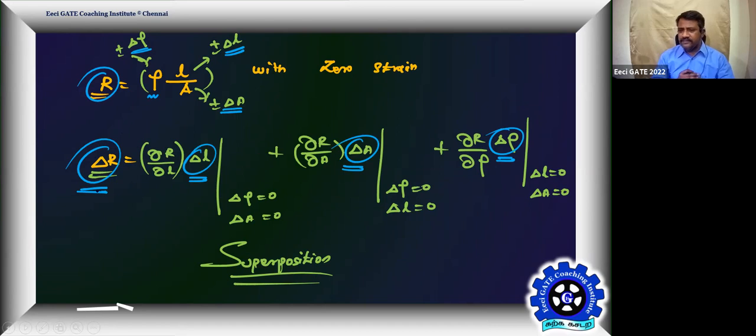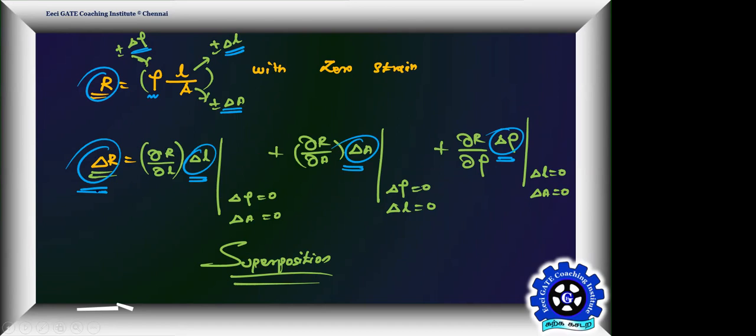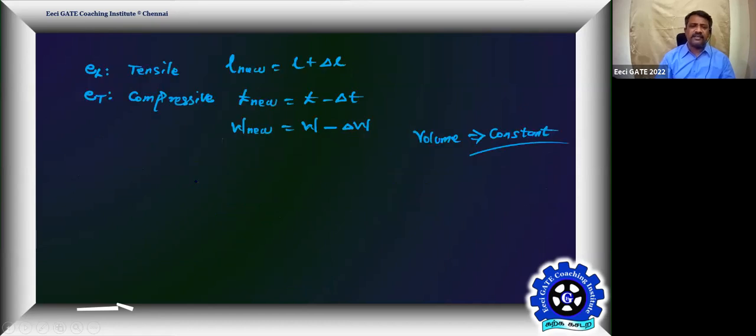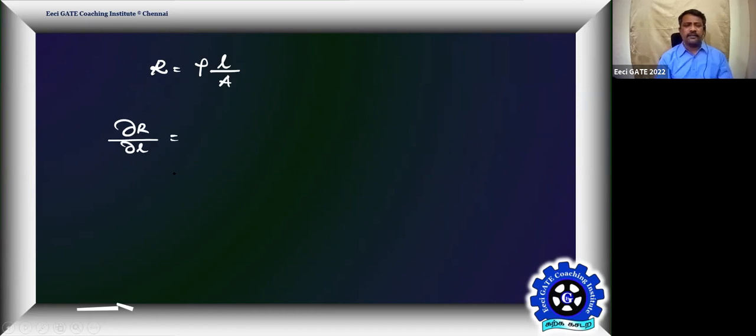Agree, everyone? Yes, sir. So now let us find, let me take the equation: R is equal to rho L by A. First tell me what is dou R by dou L. Partial differentiation, because R is a function of many independent variables.